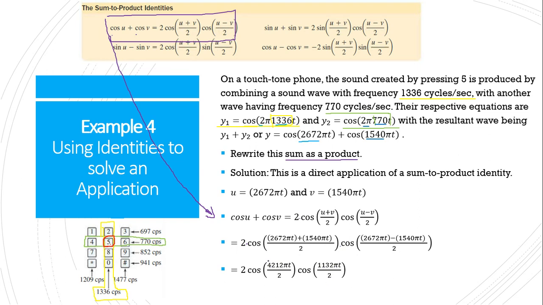I notice these are both even, so if I simplify by dividing the numbers by 2, I end up with 2 times cosine of 2,106 pi t times cosine of 566 pi t. Yay! So I rewrote the sum as a product. This is 2 times cosine times another cosine. That is all a product, and that's what I set out to do.